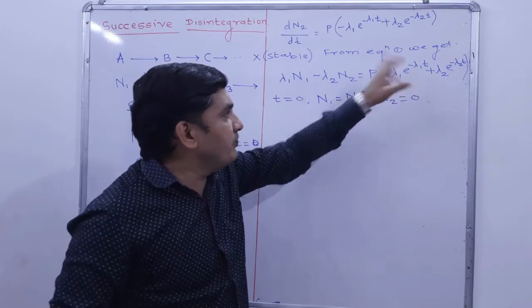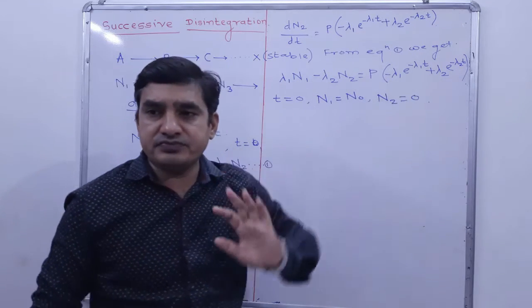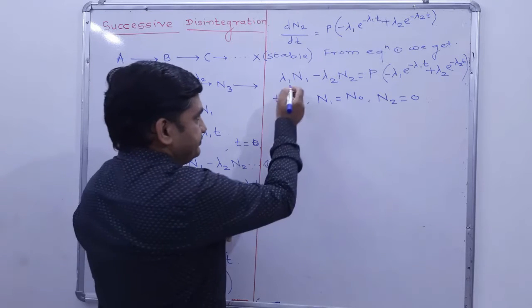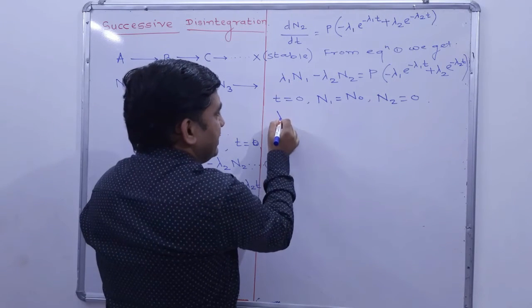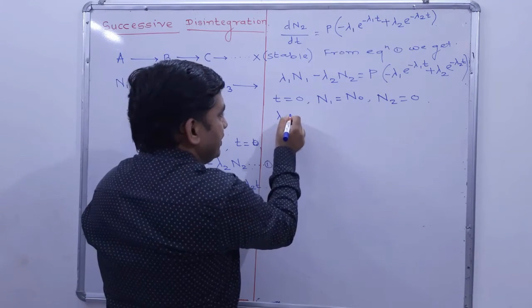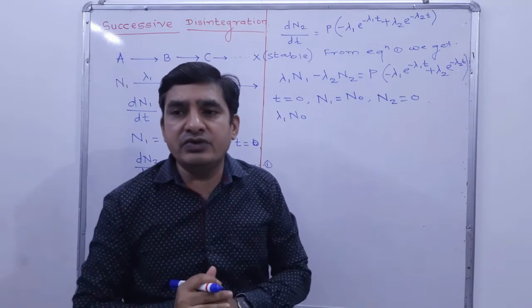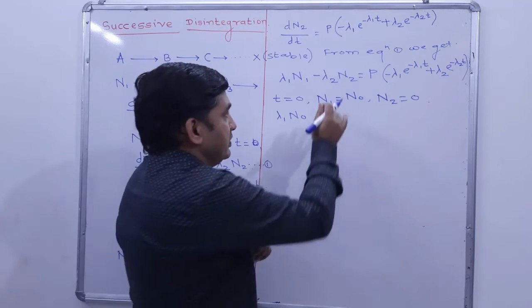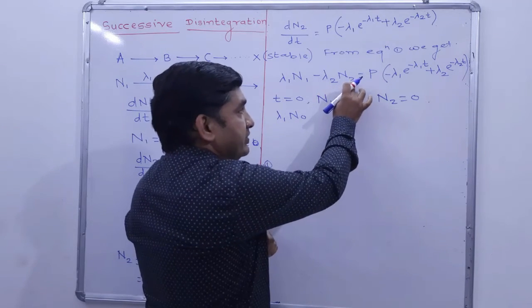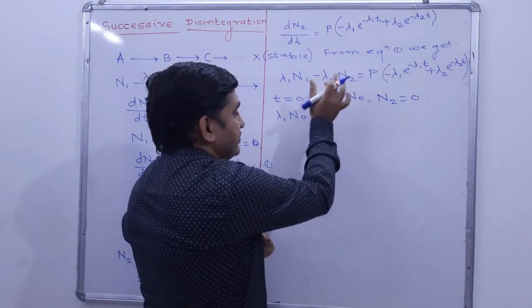Now when we put the values here, we get lambda 1 into N0. Here lambda 2 into N2 is 0, so this term is not there.